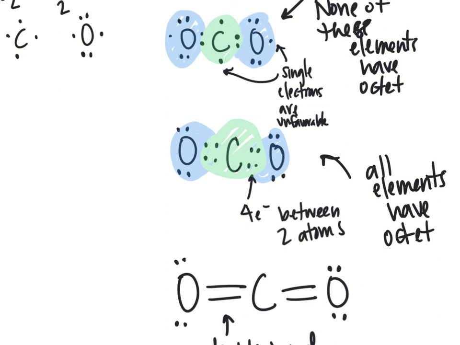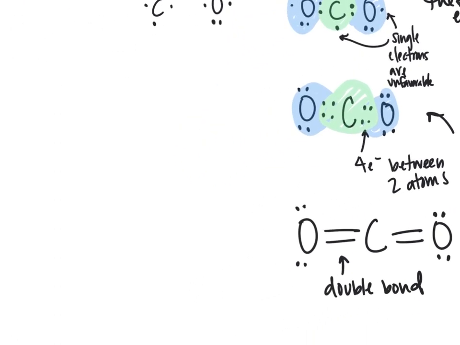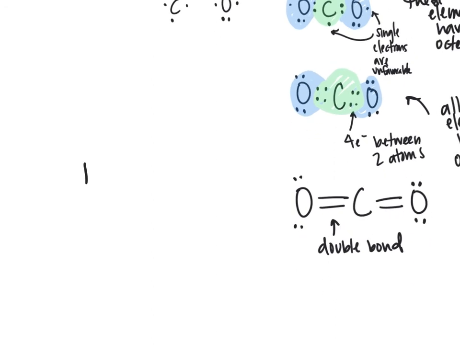So for now, I know it feels like we're like, I don't really know how we'll draw these. And that's okay. We're going to learn to draw these in a manner that makes sense. But I want to show you that there are different types of bonds. And so the last type of bond that we want to look at is something called a triple bond. And one example for that is in nitrogen gas.